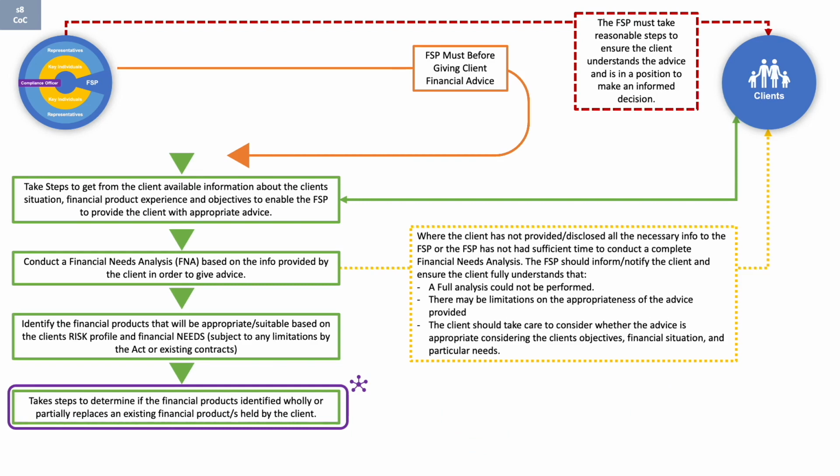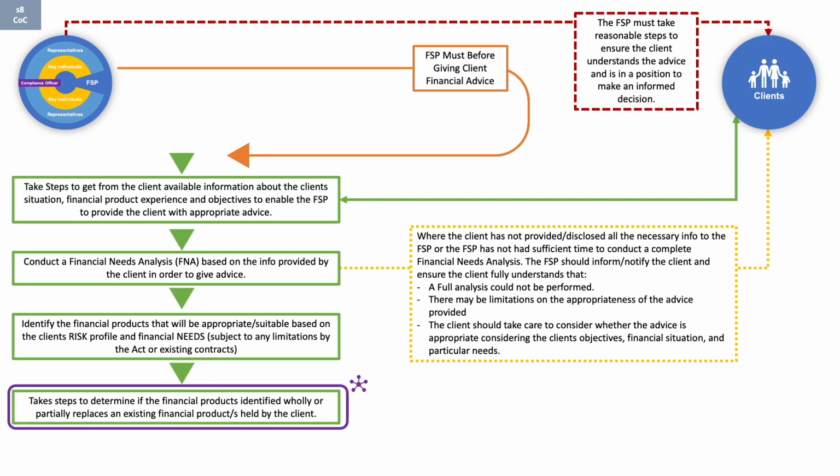Where the client has not provided or disclosed all the necessary information to the FSP, or the FSP has not had sufficient time to conduct a complete financial needs analysis, the FSP should inform the client and ensure the client fully understands that a full analysis could not be performed.